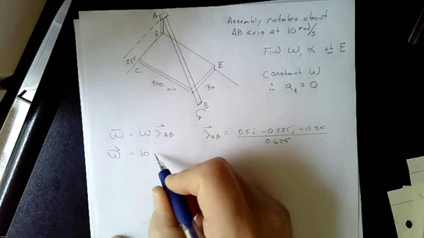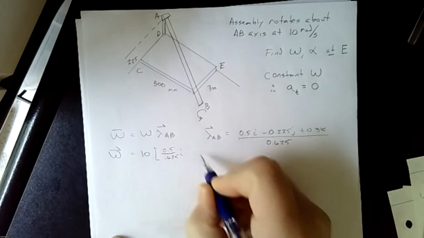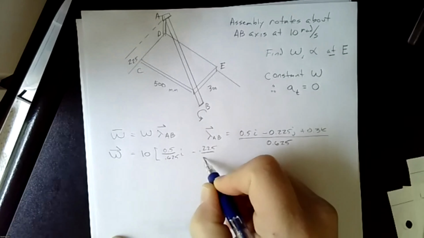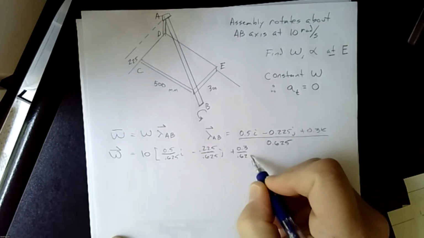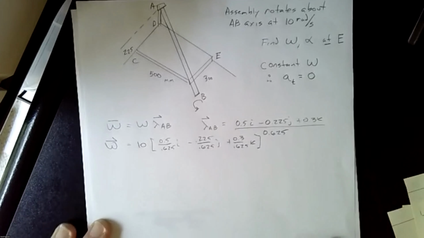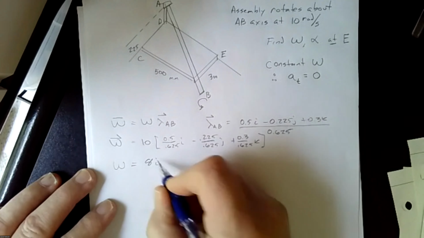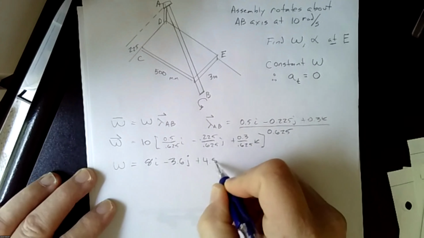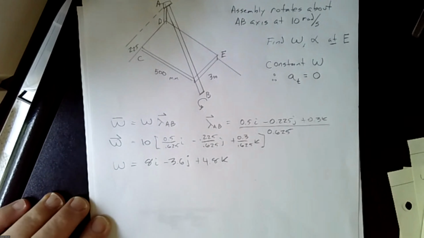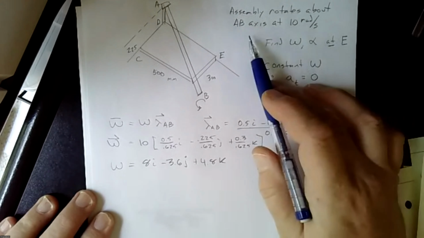So 10 times 0.5 over 0.625 I minus 0.225 over 0.625 J plus 0.3 over 0.625 K. And so we end up with omega equal to 8I minus 3.6 J plus 4.8 K. Remember, we're trying to find omega, and we're given that it rotates about the AB axis.